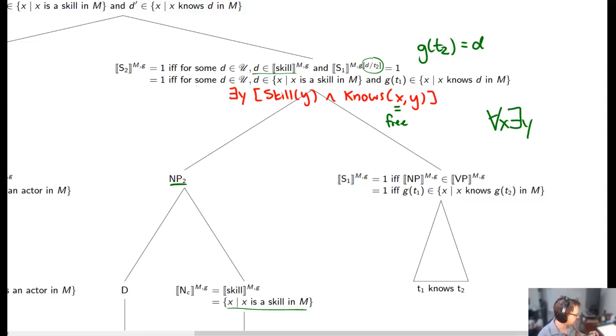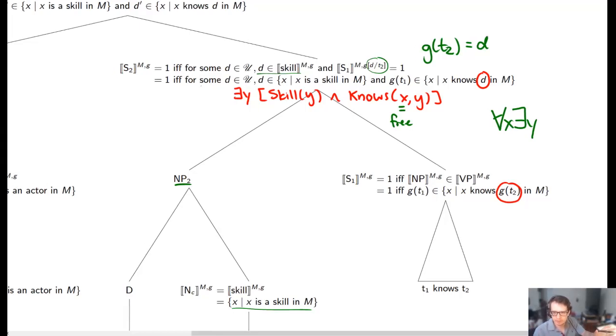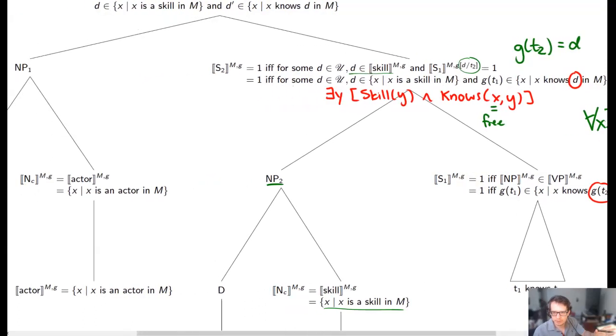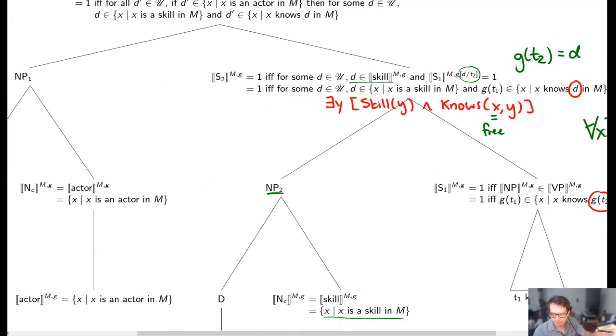So with the substitutions, really what we've done is we've just replaced G of T2 with D because that's the binding that's occurred. And we've introduced the existential and the skill. So we've just applied the rule that we did before. Now what we're going to do is we're going to introduce the universal with every actor.